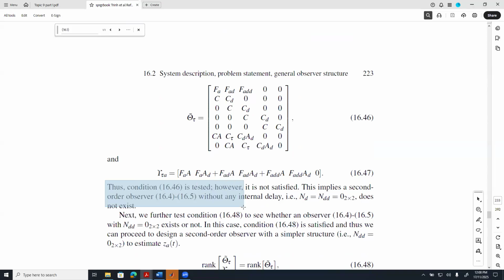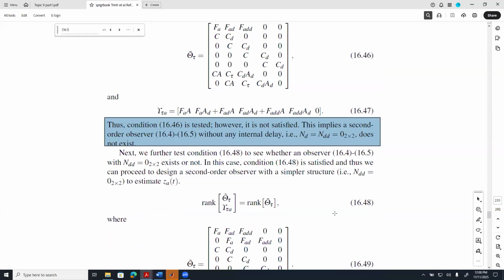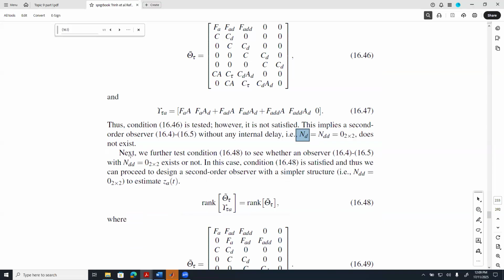And so what are we going to do next? What we're going to do next is say, okay, we can pick one internal delay. And the reason why we pick the first internal delay is because if we make this one zero, that means the error time delay system there has the smallest time delay in there, which is only tau.